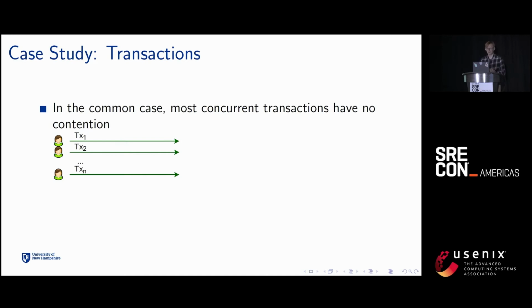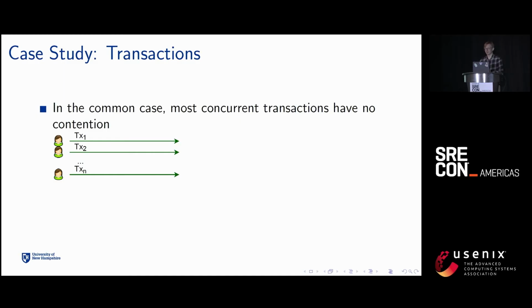Another example I want to mention is transactional systems. Again, a lot of my research is on stateful systems, databases, data stores, and so on. Transactions are a big deal.